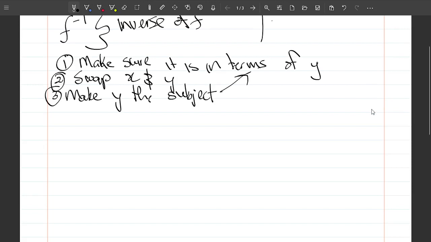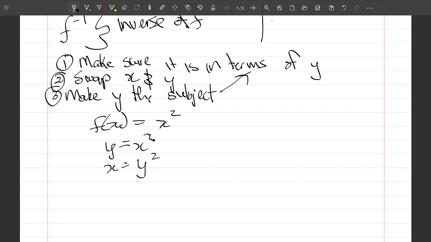First, I've got f of x is equal to x squared. I'm going to put this in terms of y. In terms of y, this is just y is equal to x squared. All I'm doing is replacing the f of x part. Nothing fancy there. The second step wants me to swap the x and the y. So instead of a y, I'm going to have an x, and instead of an x, I'm going to have a y squared.